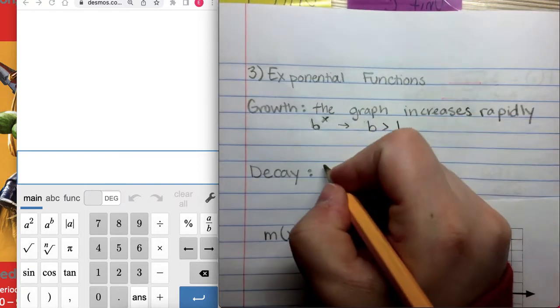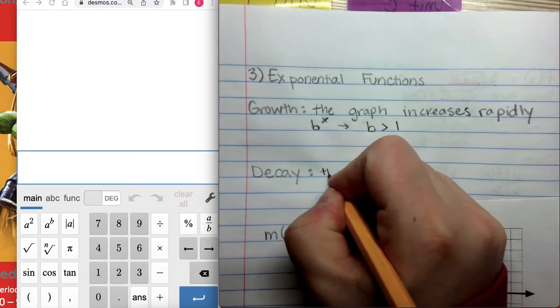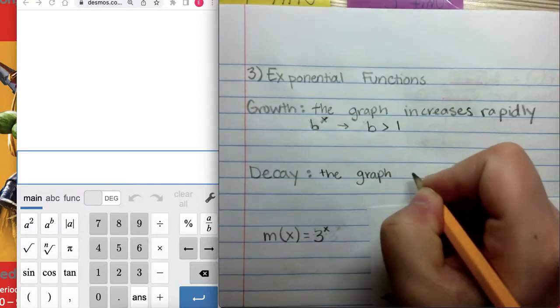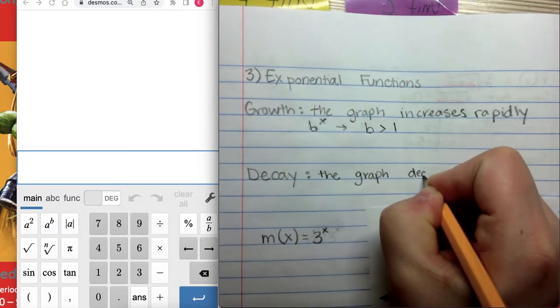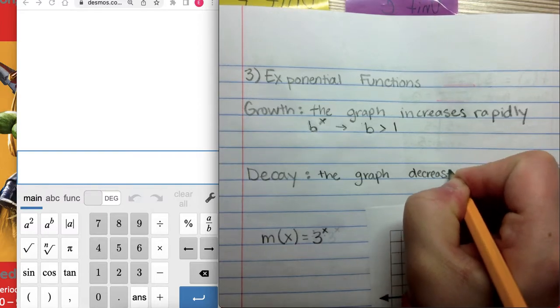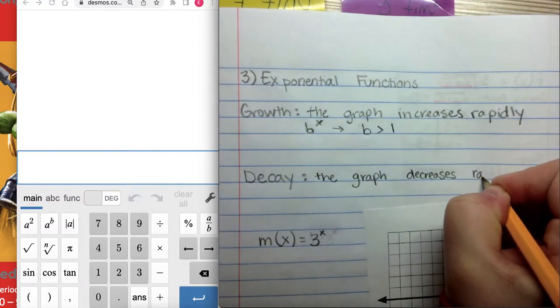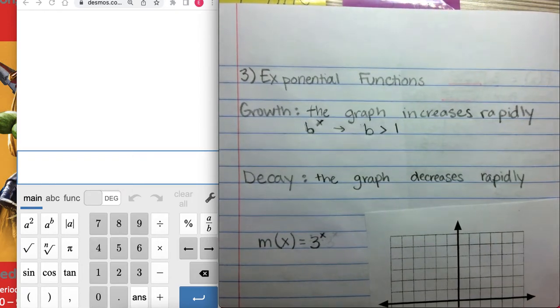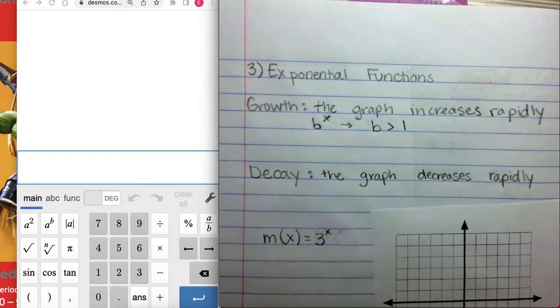Okay, decay is the same idea, but this time the graph is going to decrease rapidly. So it's going to get smaller, smaller, smaller really fast.